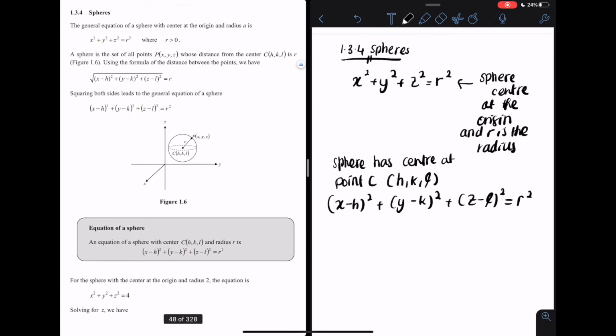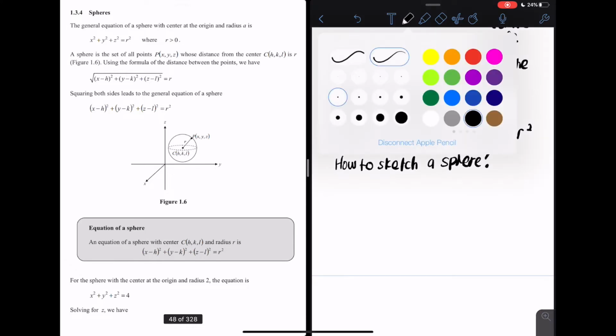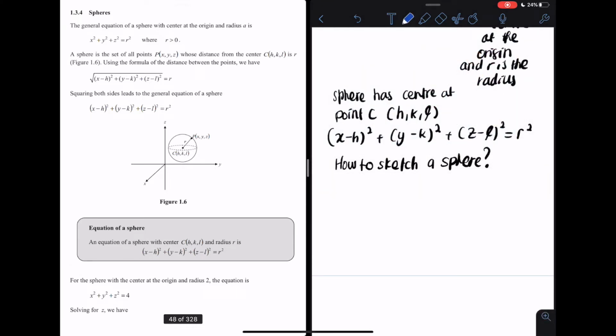that relates to spheres. So basically, you need 3 steps to sketch a sphere. As mentioned in the lecture, the same procedures that we used to sketch a paraboloid will be applied when we try to sketch a sphere.